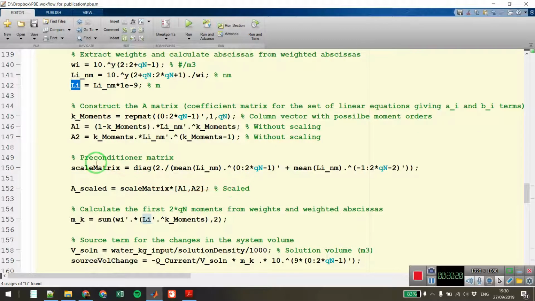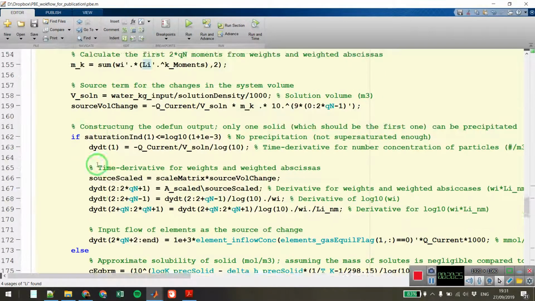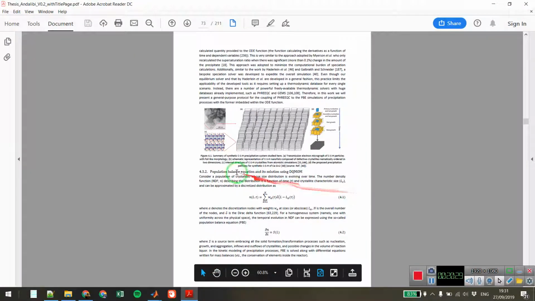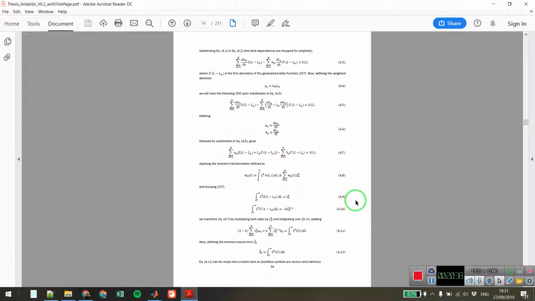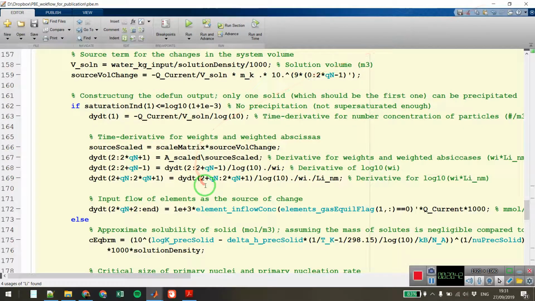We have the scale matrix, which is for preconditioning, and the rest of the calculations is pretty much described very well in the article. If you go to section 4.3.2, or in the thesis, basically in the third section, subsection 2, you can find the detailed derivation of all the equations, how these work.